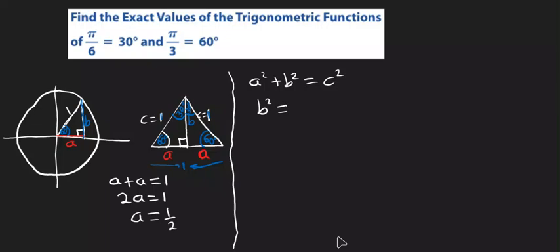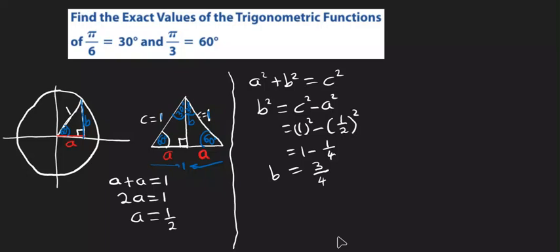Because we are looking for b, we have b squared equals c, which is 1 squared, minus a, which is 1 over 2 squared. Then 1 minus 1 over 4 will give us 3 over 4. So we have b squared equals 3 over 4.